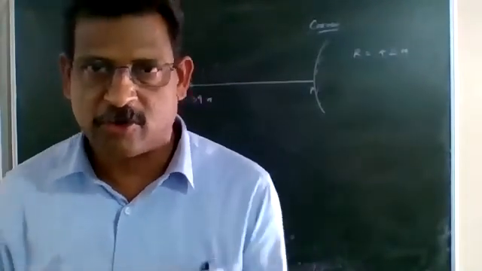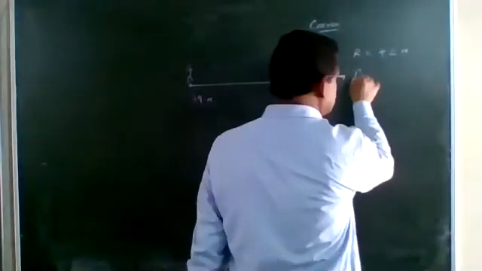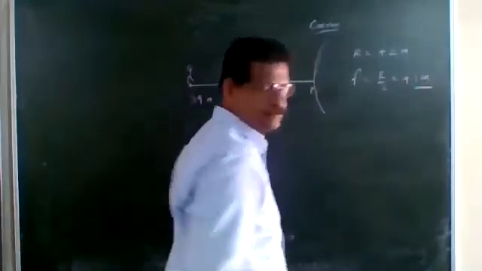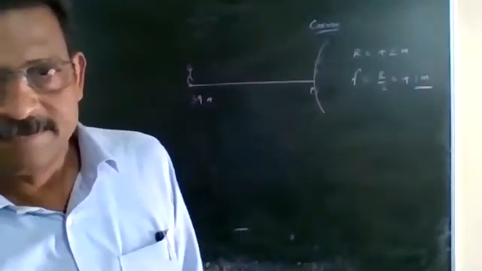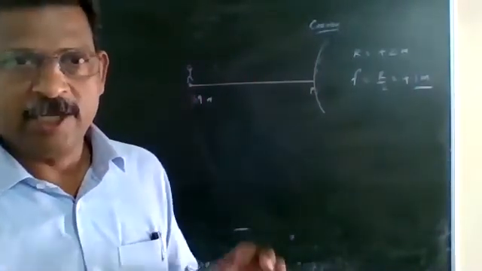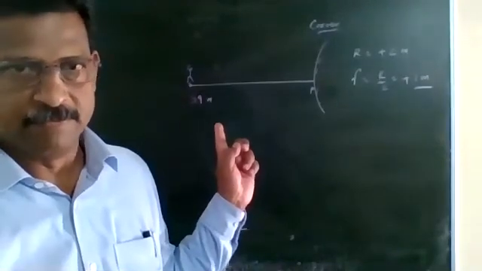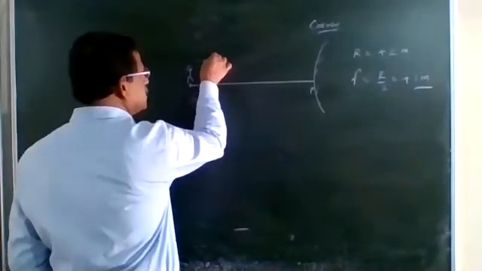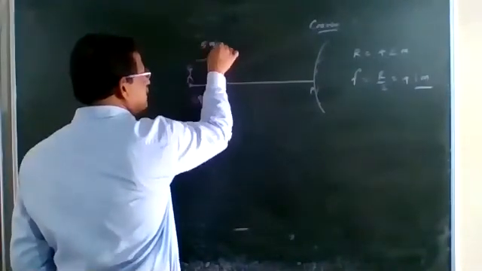So what is the focal length of the convex mirror? F equal to R by 2, that is equal to plus 1 meter. What is the object distance? Initially, the object distance is 39 meters. Now, the object will be moving with a velocity of 5 meters per second.